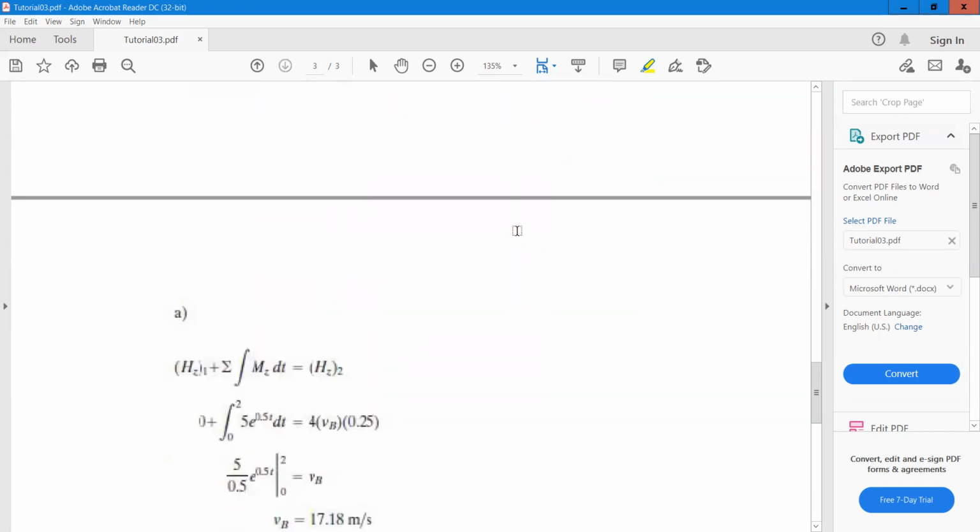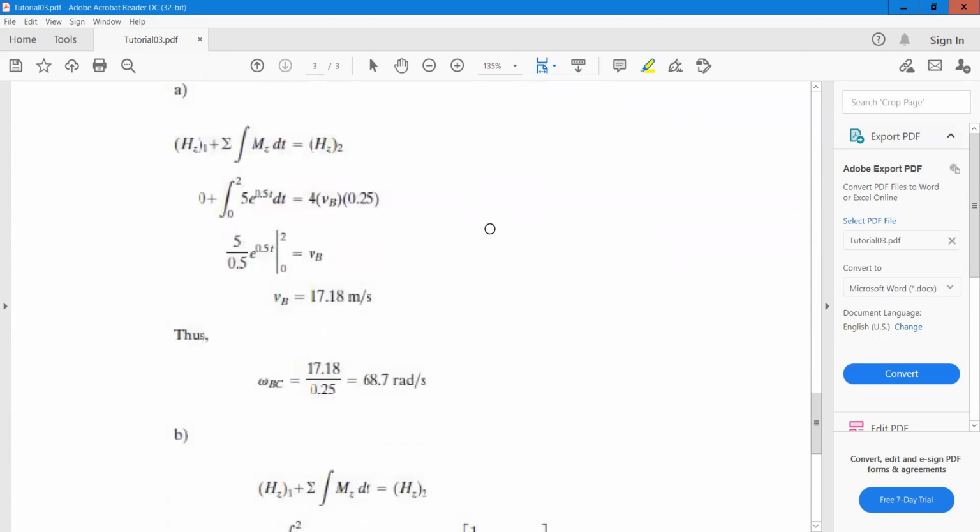In the first part, we can write the angular impulse momentum equation. For part A, as I told you, the initial angular momentum is 0 because the initial angular velocity is 0. Plus the angular impulse in the time from 0 to 2 seconds is equal to the final angular momentum.